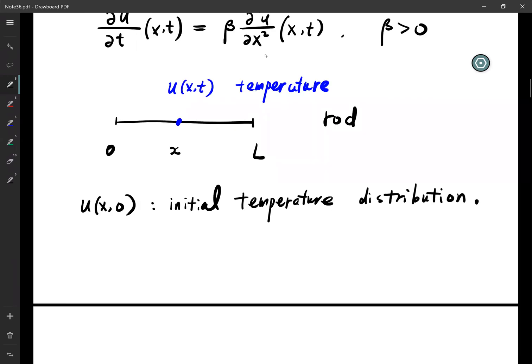And what we're interested in is that at time t, what will be the temperature of this rod?